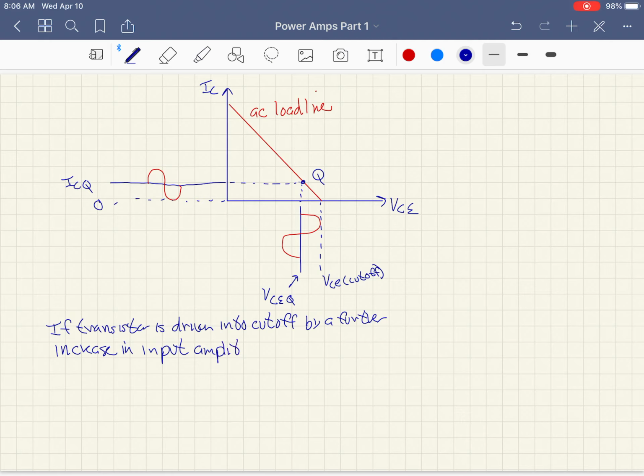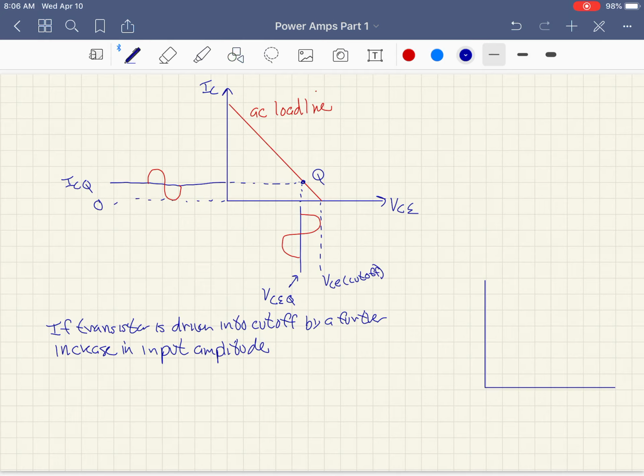So we're putting too much in. Let's say we end up with something like this. I think I have enough room to draw it on this page here. We end up with something that looks kind of like this. Not kind of. This is what it looks like.